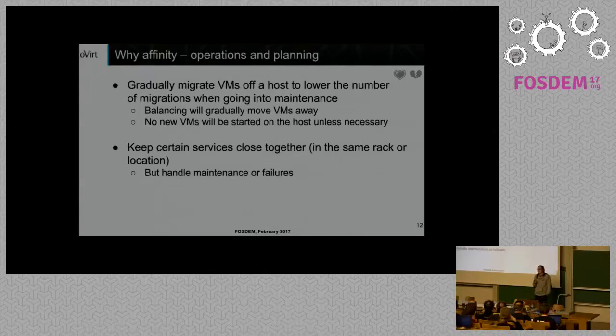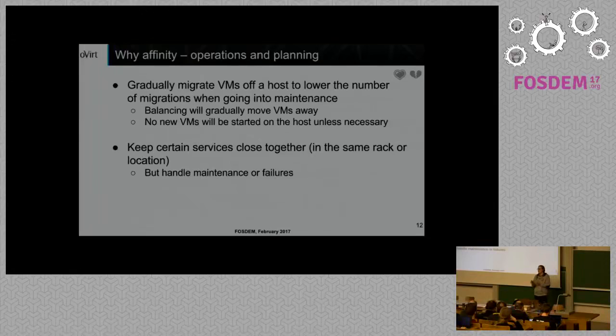What you might actually want to do as well is keep some services together, not just for performance reasons, but for management reasons, because you know that this rack in the data center is running all your web services. So if you need to plan a power outage, you know that all of them are here.